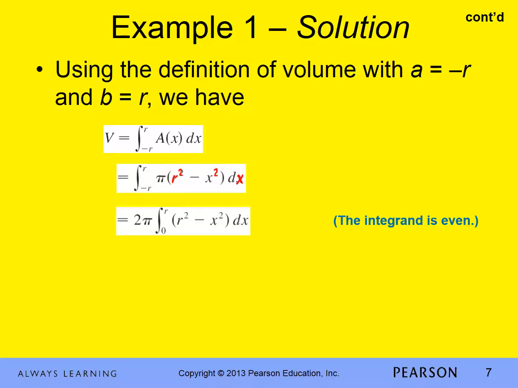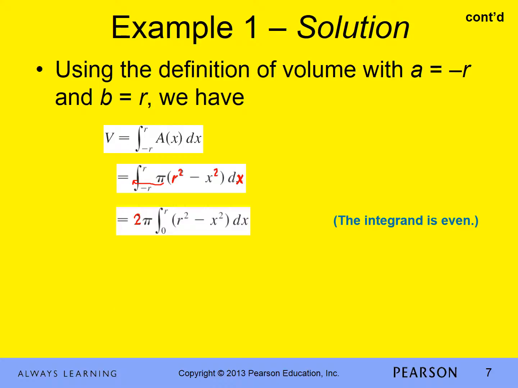That pi we're going to pull out of the integral, and because it's even, of course, we're going to be able to double just the integral from 0 to r, and that'll be the same thing, and it'll simplify the computations for us.